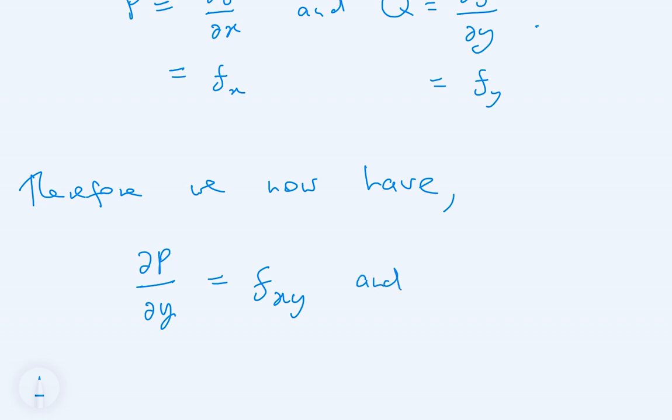Also, if I partially differentiate Q with respect to x, that means I must partially differentiate f subscript y with respect to x, which will give me f subscript yx.